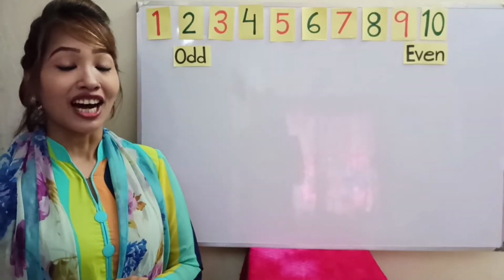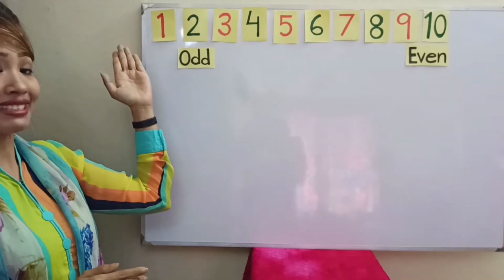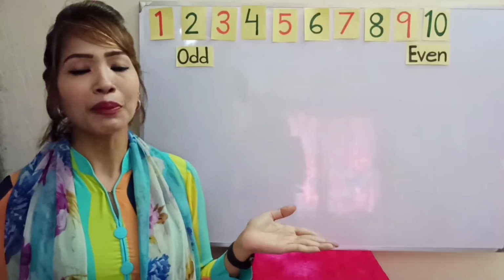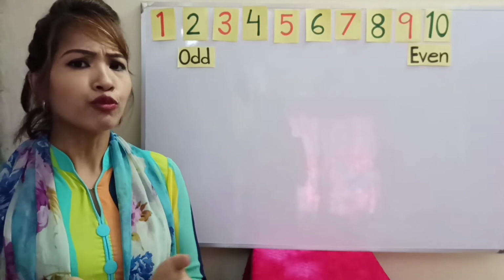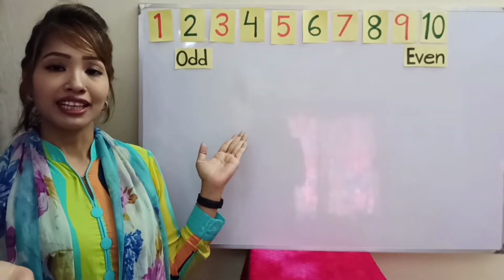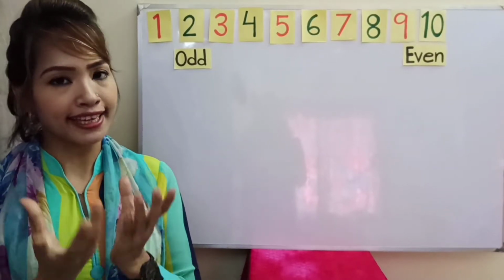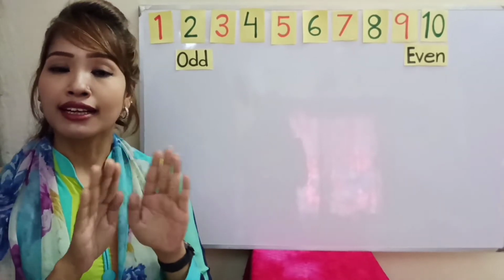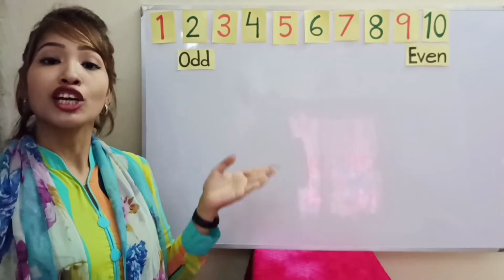So, there is the number row. It's given from 1 to 10. So, all of you already know about the numbers. But then what is odd and even? Odd number: the number of things or objects which we can't make into a pair, we can't divide, that will be odd.